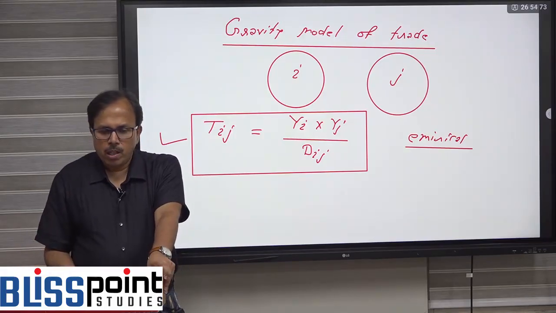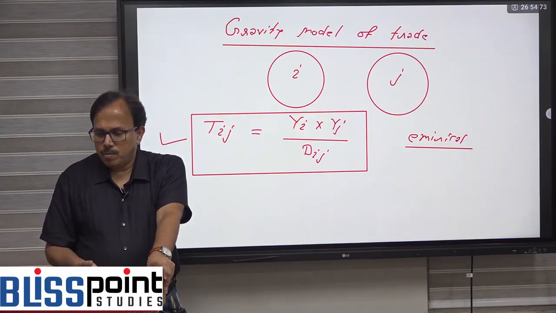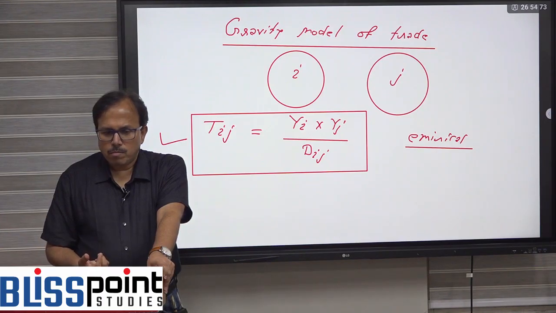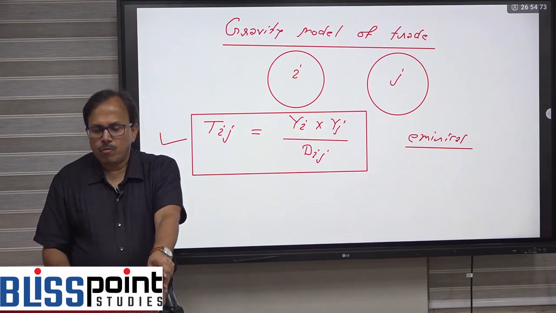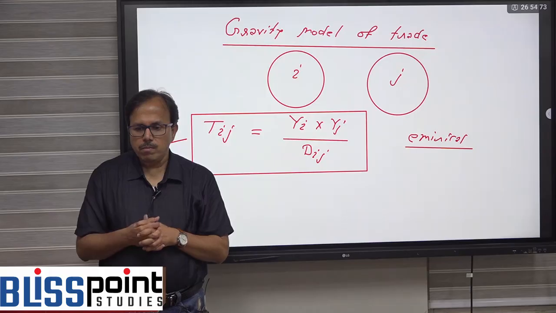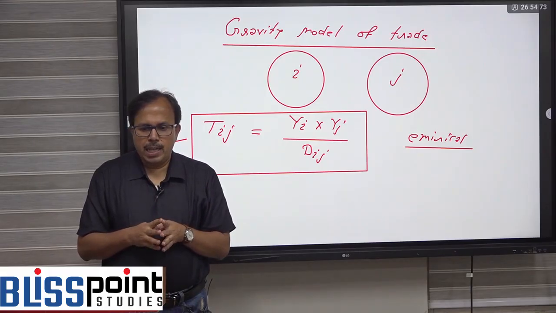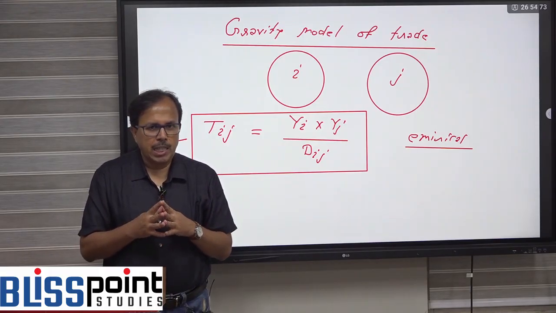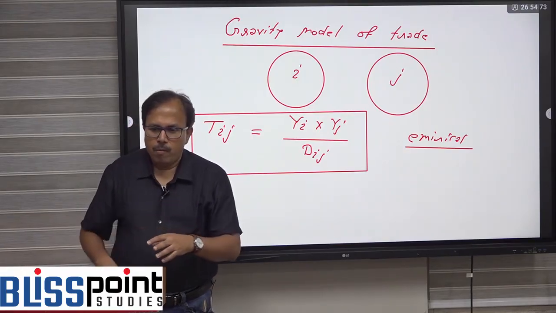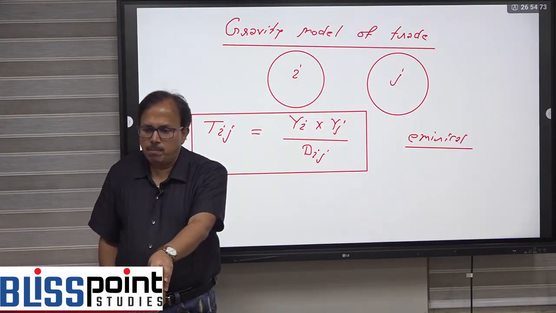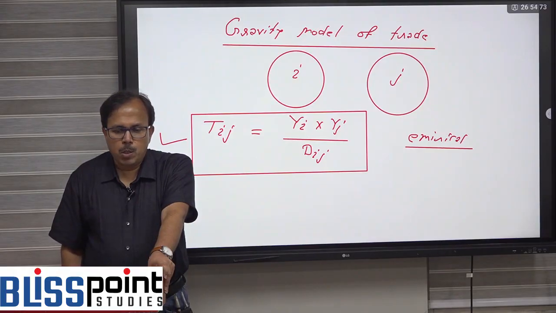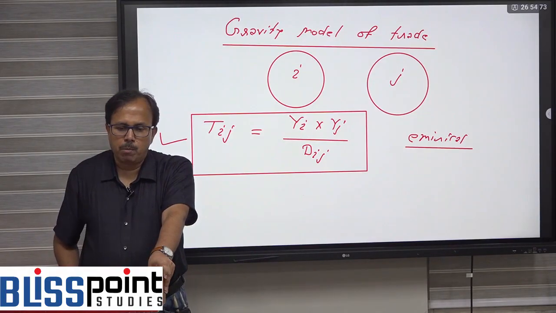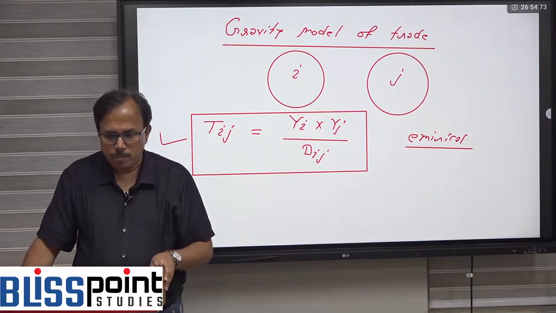Next paragraph. The reasoning is that with higher GDP, there will be more income, and with more income, there will be more spending.